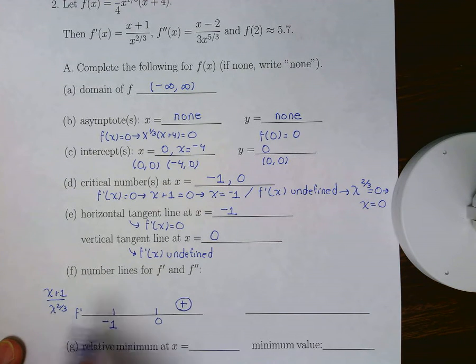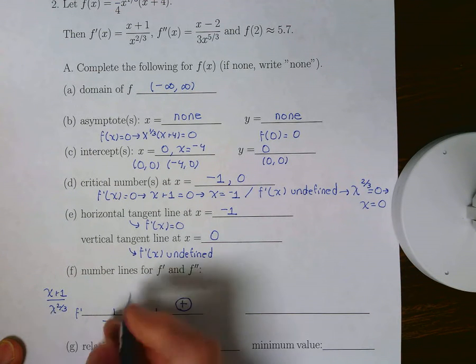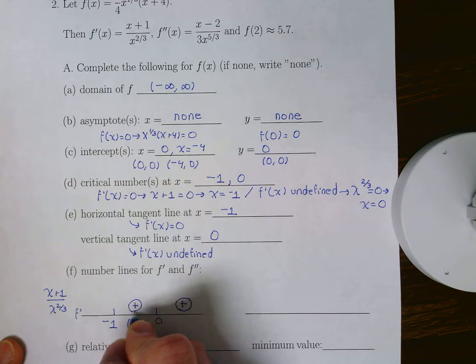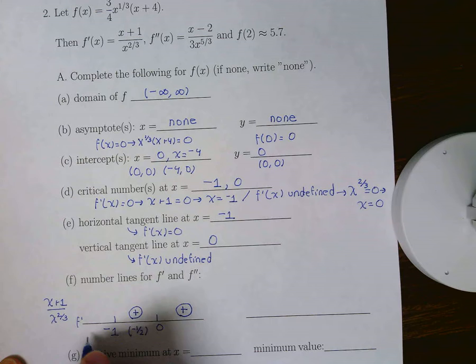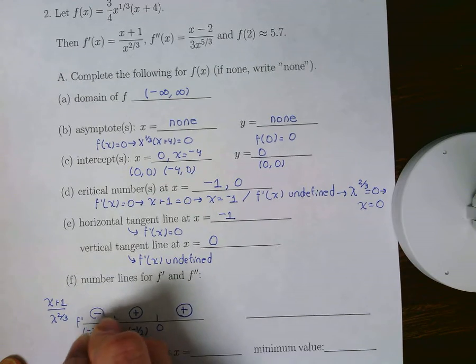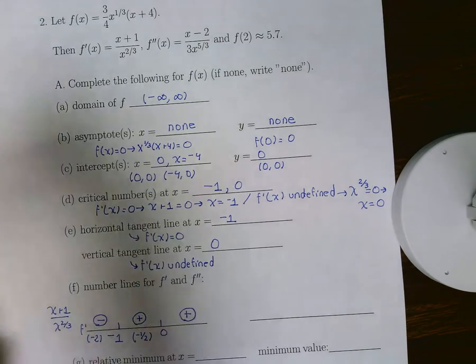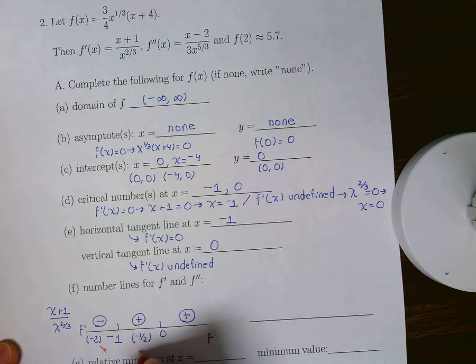It's going to be positive if x is, say, -1/2, because the numerator is positive and the denominator is positive, because we have an even power in that denominator. It'll be the cube root squared, so it's always positive. If x is less than -1, the numerator is negative, but the denominator is positive, so it will be negative. And so our function f is going down, coming back up, and staying up.